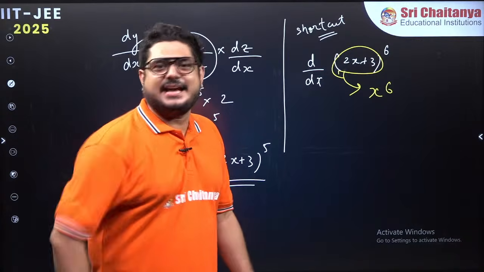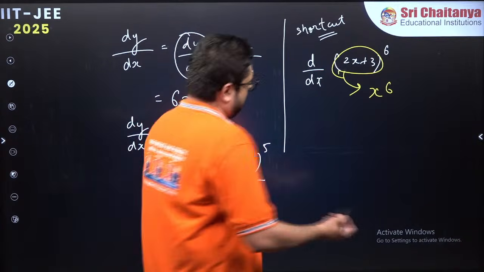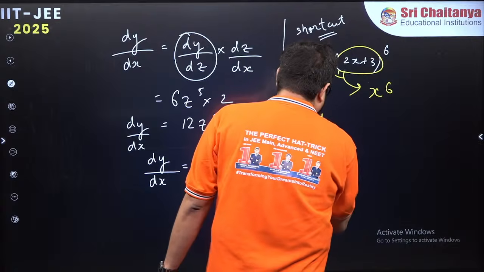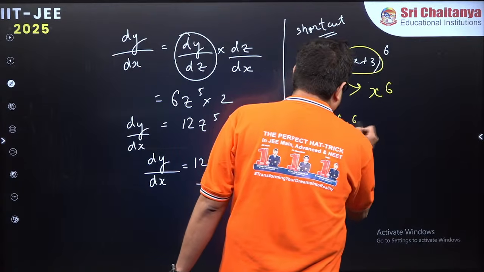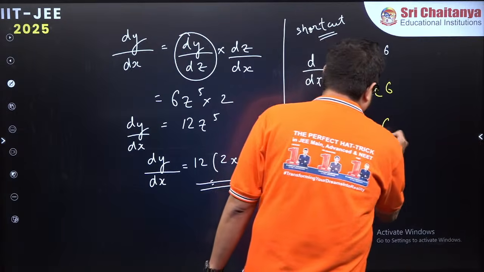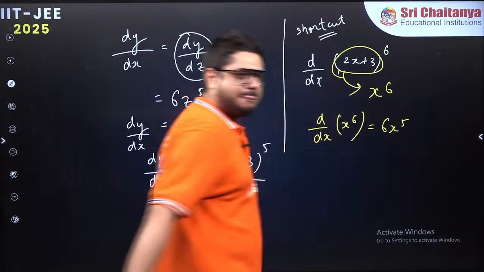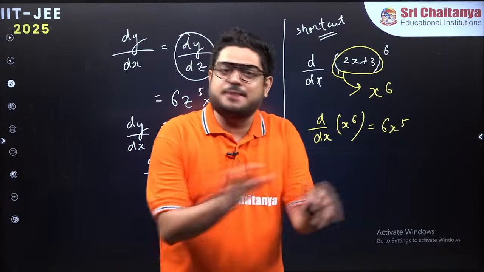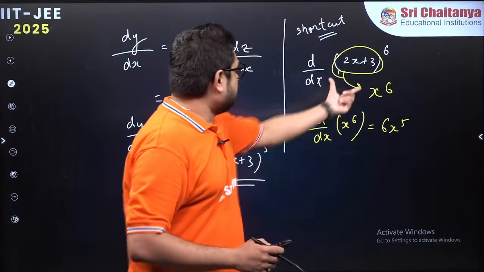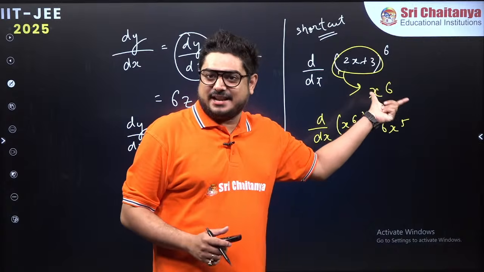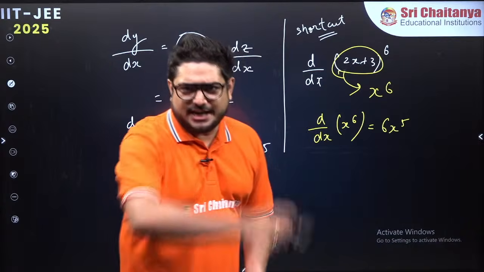What is d by dx of x to the power 6? You can directly treat it as d by dx of x to the power 6, which is 6x to the power 5, isn't it? But it should not be the answer, because we were having 2x plus 3 as well. So what you need to do?